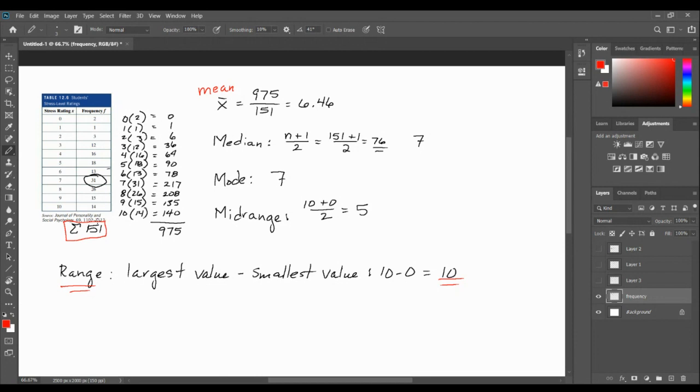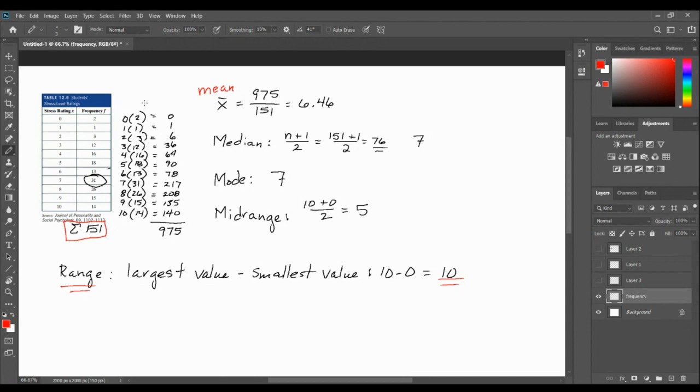Think about how we made a grouped frequency. We did tally marks. Every time we saw a 0, we did a tally mark. Every time we saw a 1, we did one. And then those values told us how many of those individual data items existed. So it's really the frequency numbers you add up to get the total number of numbers.